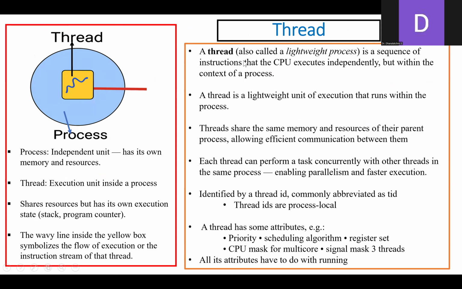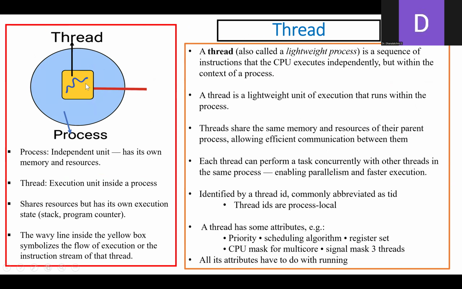Coming to the thread. So in the process, you have a thread. I am representing the process as an independent unit, which means it has its own memory and resources. A thread is the execution unit inside a process. This yellow path, we can just say it is a thread.